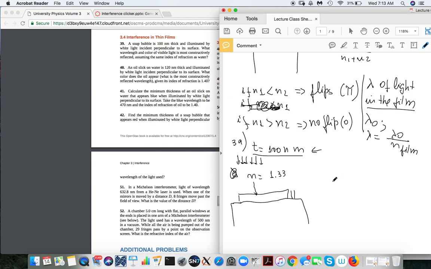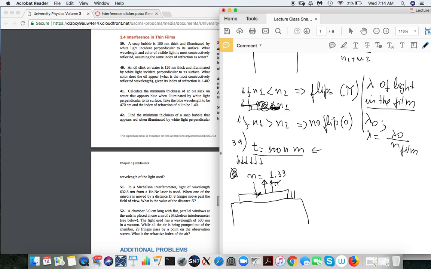So if you want a constructive interference, we want these lights to add up. The question is the index of refraction: the first light ray, the one reflected off the top, is reflected from air to water, and this guy is going to flip.